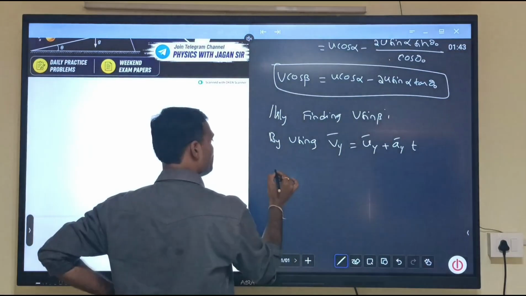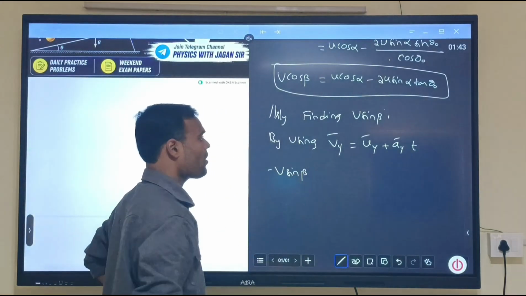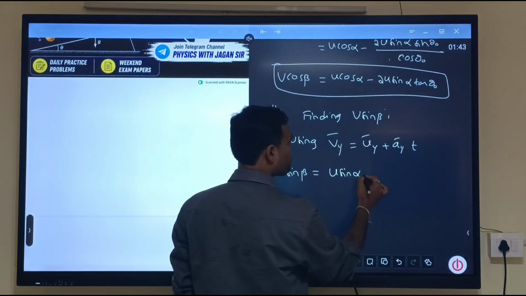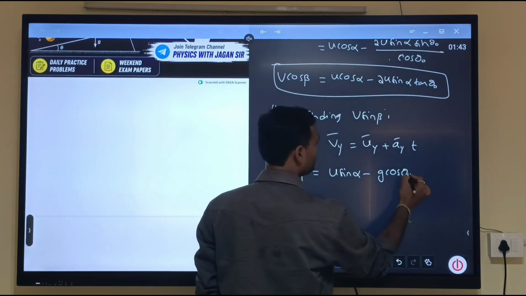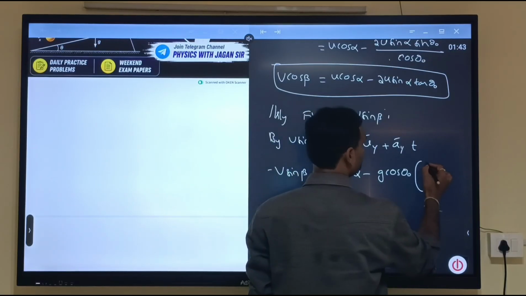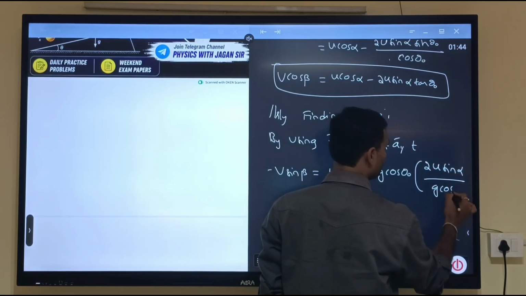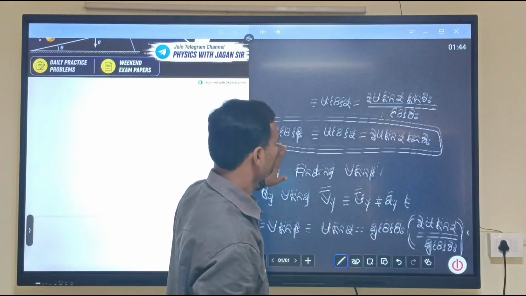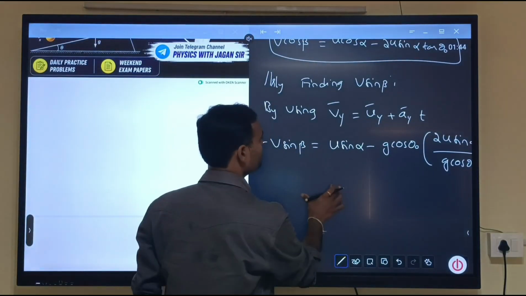Then vy is equal to minus v sin theta, which is u sin alpha minus g cos theta naught times time, and time is equal to 2u sin alpha by g cos theta naught. Right?